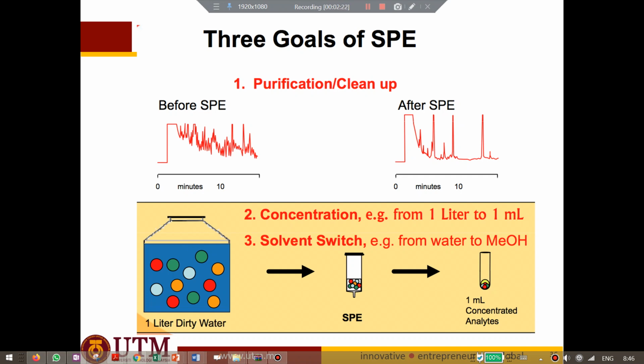If the column is the non-polar one, the application of water is not that much of a problem, because the problem we have with water is just the back pressure. But if we use a polar column in gas chromatography, the water can somehow damage your column. That is why we need this solvent switch. Okay.